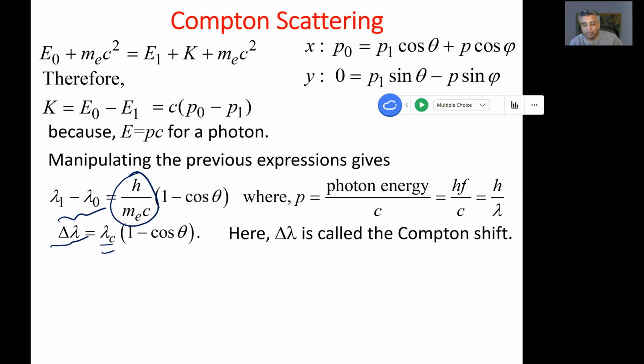That's called the Compton shift, okay? So if you know, after the collision, what angle the electron is coming out from, then you can calculate how much the change in wavelength is. So that's what this is.